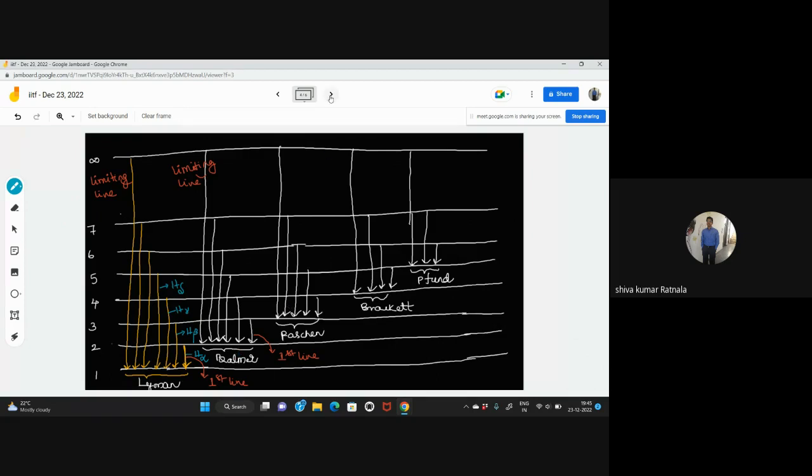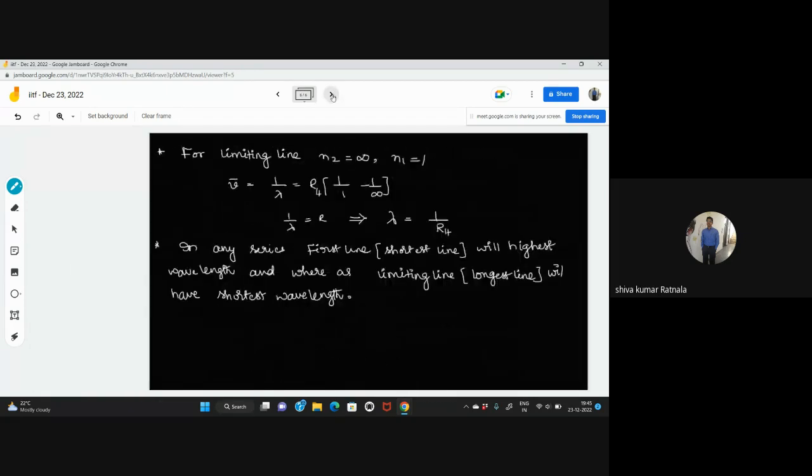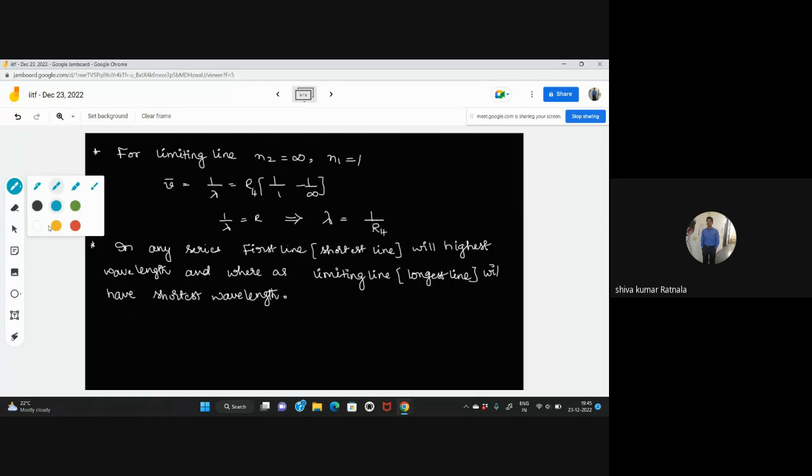Even in the Balmer series, what can be the first line? For example, in Balmer series, H alpha.